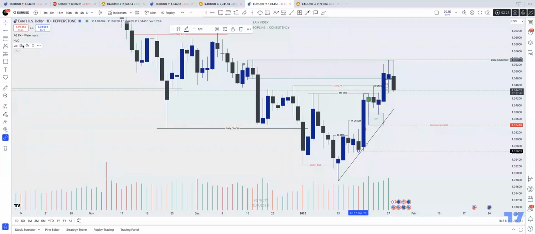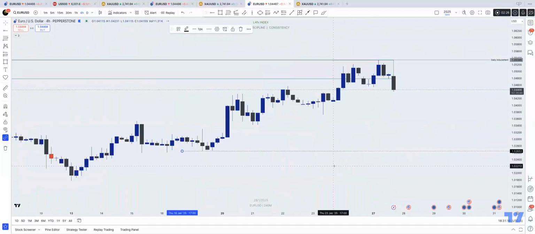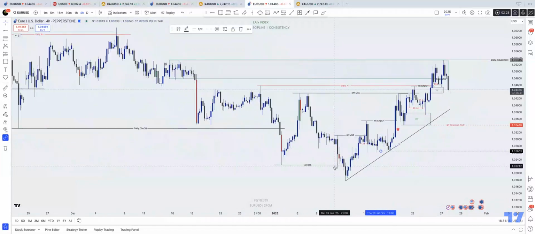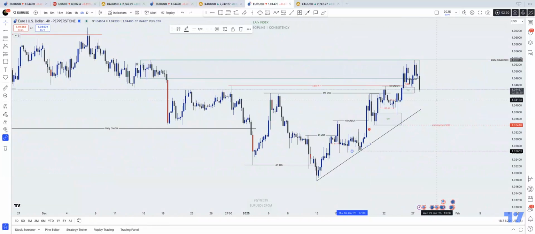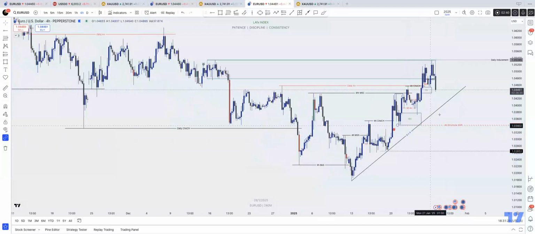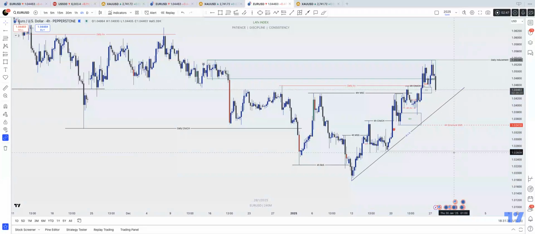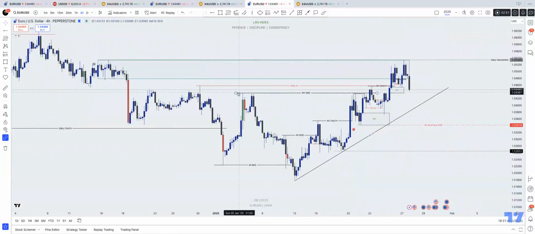But if we go on a 4 hour, which price respects on a 4 hour order flow, right? Then we expect, this was our last internal lower high.